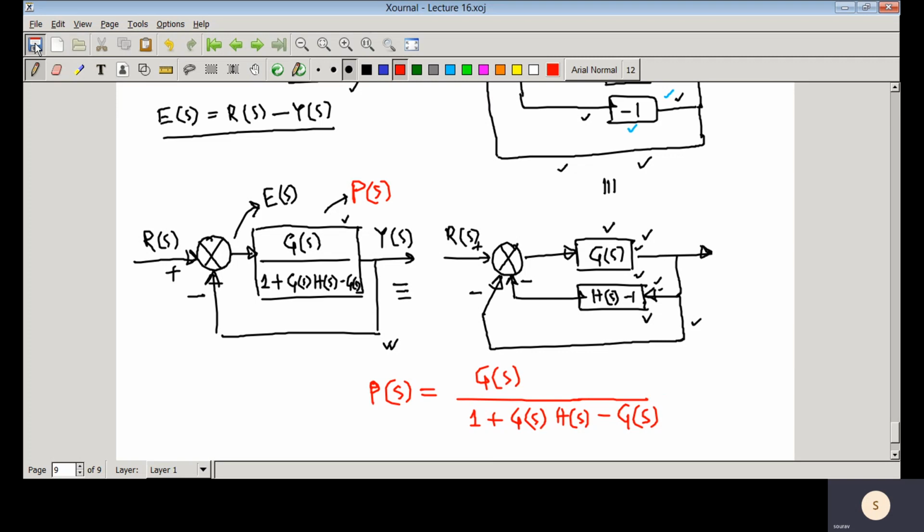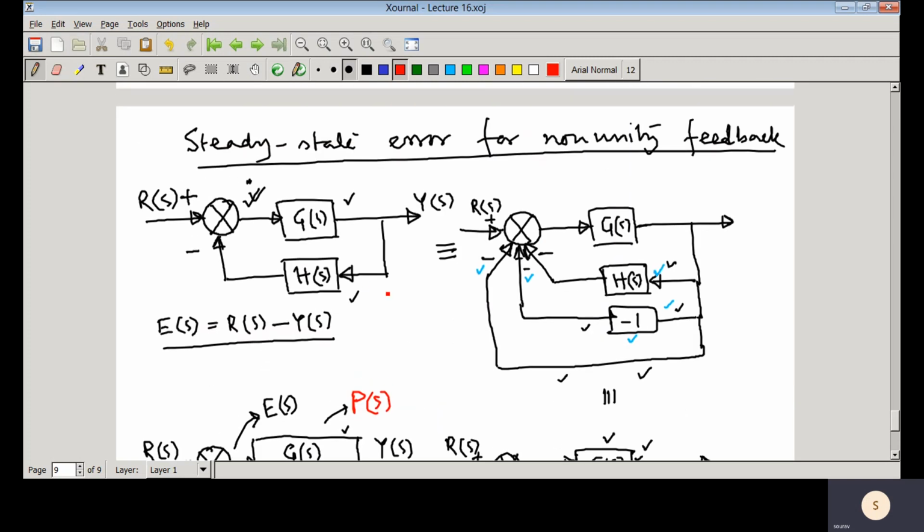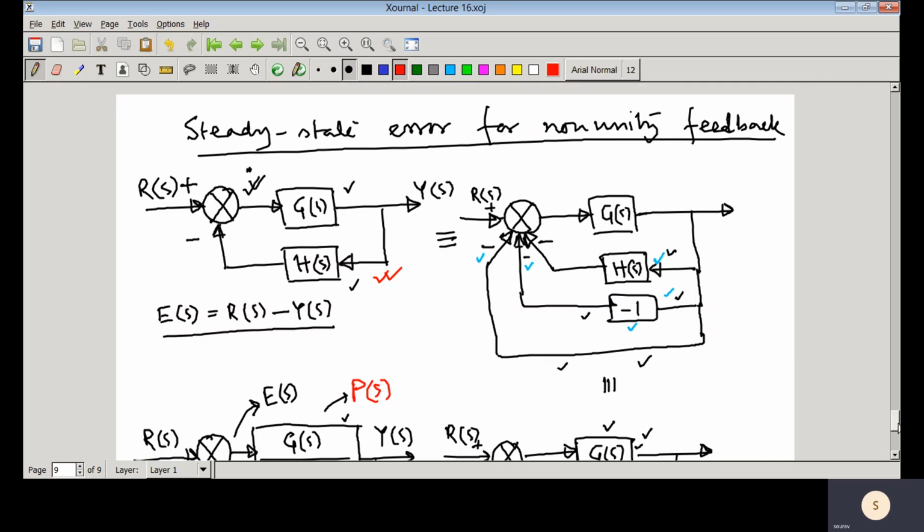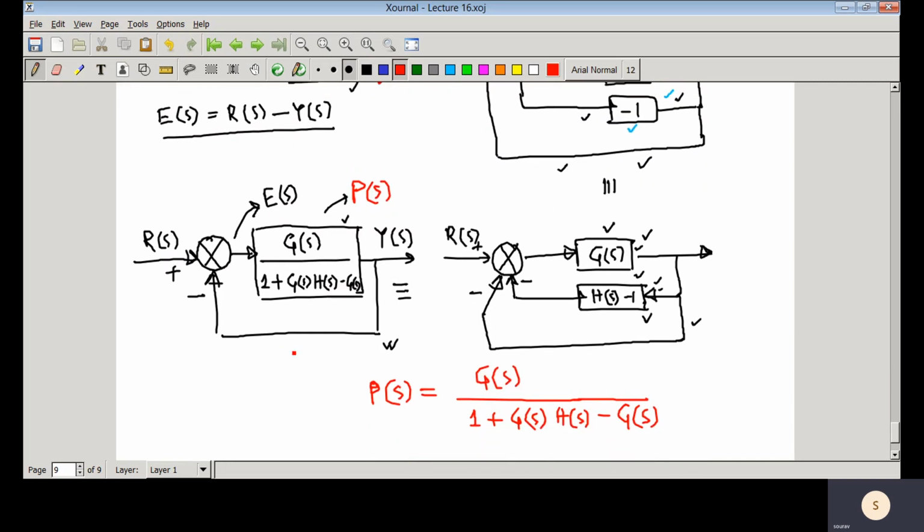So that means whenever you have a non-unity feedback system, then applying this transformation, you will get one unity feedback system with a new transfer function, that is that P(s).